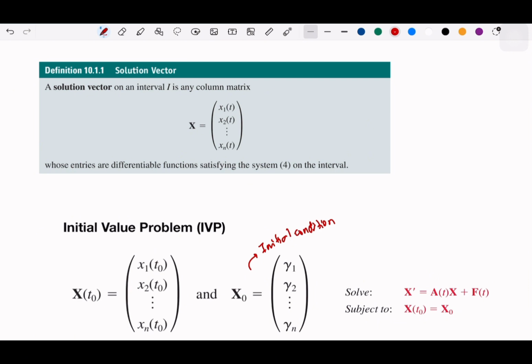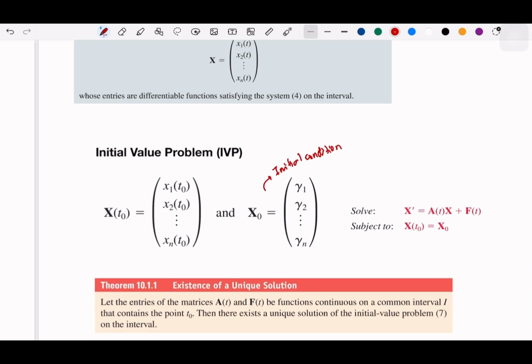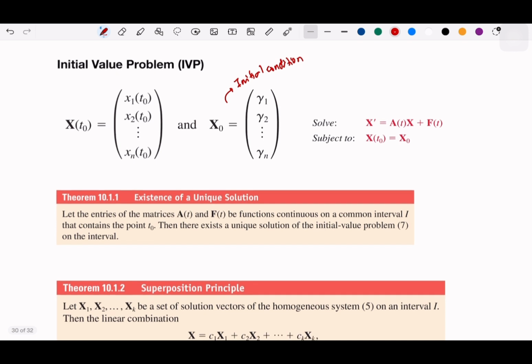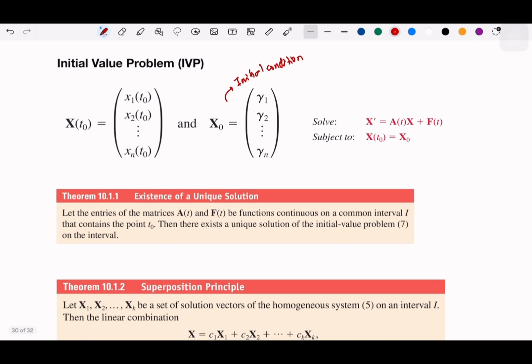Okay, and I think that is supposed to be okay, no problem at all. So it's pretty much the same as what we have learned before in engineering mathematics 1. The difference is we need to rephrase all the terms in terms of matrices.